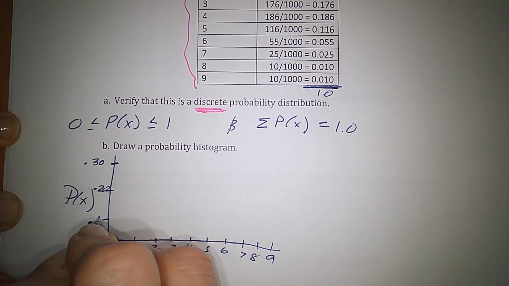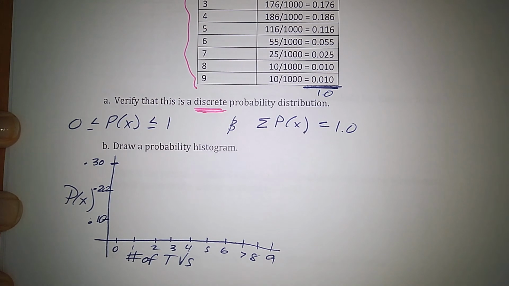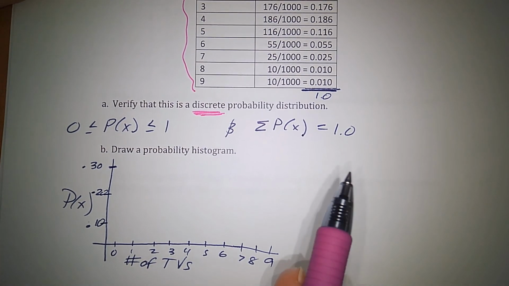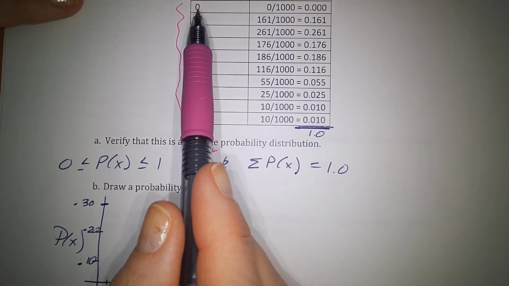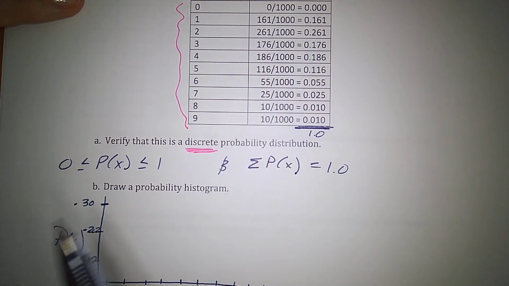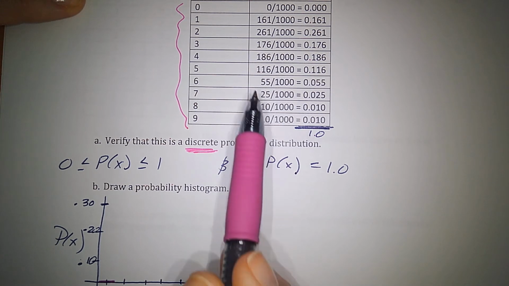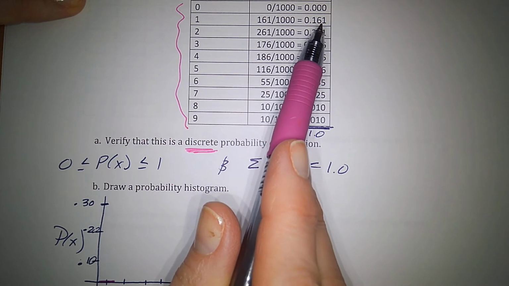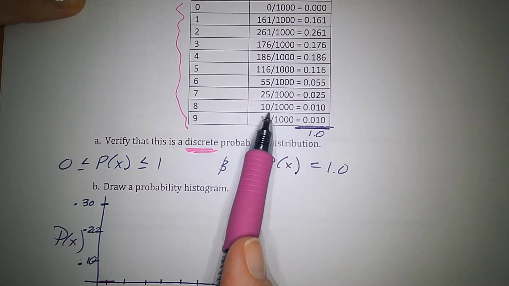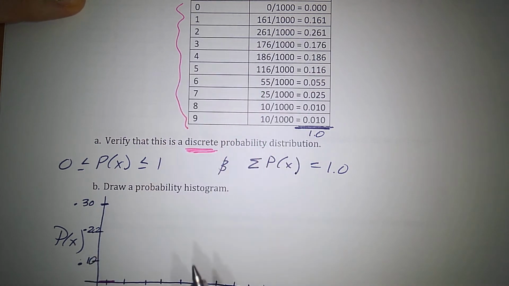So now I'll draw the first bar for you. You'll see in my table how many of these groups have 0 TVs, and the answer is 0 probability. So there actually is no bar right there. How many households have 1 TV? Well, the answer is 161 out of 1,000, which is a 16% chance out of my grouping of 1,000 that they might have exactly 1 TV.